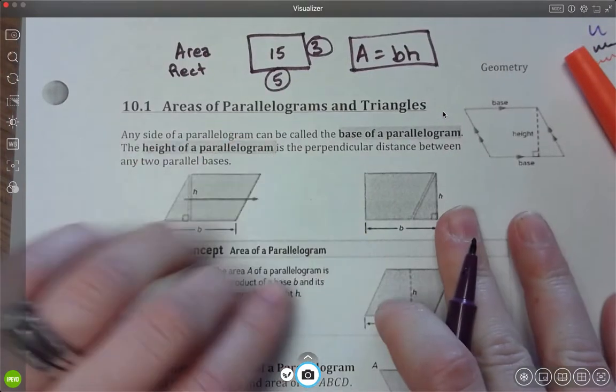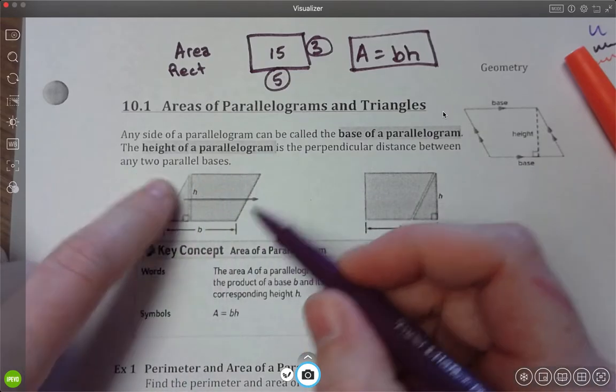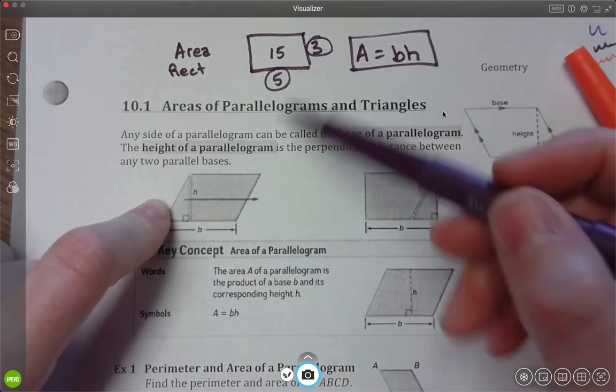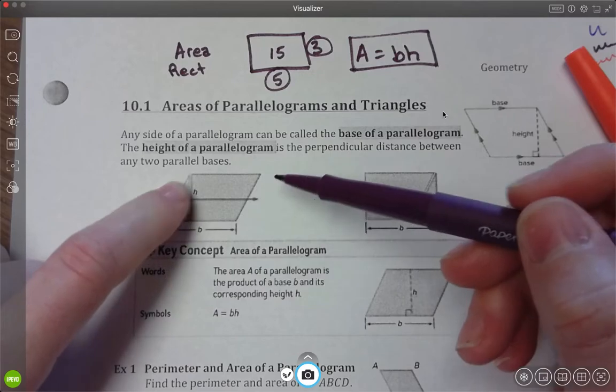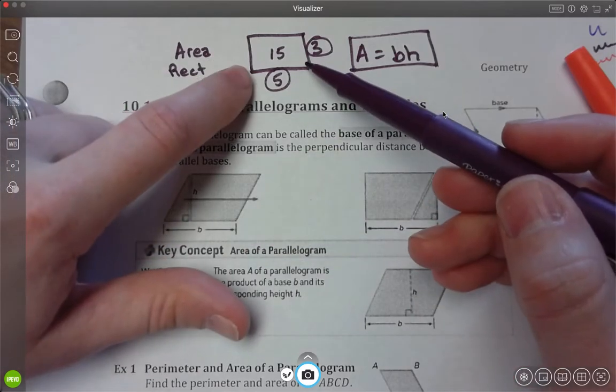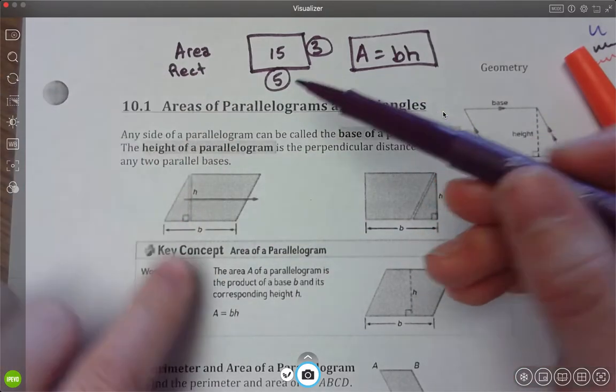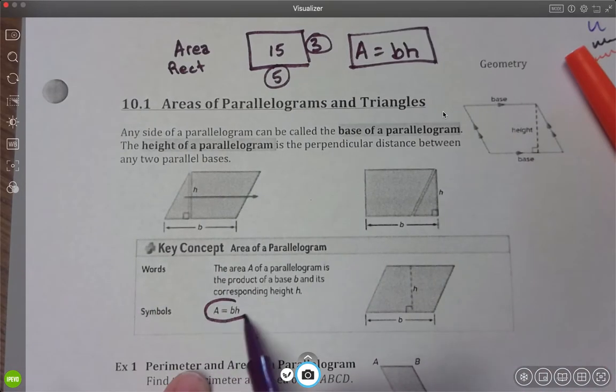Now, when we're doing a parallelogram, parallelograms are ones that are kind of slanted. A rectangle is technically a parallelogram. But for all parallelograms, regardless of whether they're slanted or at right angles like this rectangle, the area, no matter what, is going to be base times height.